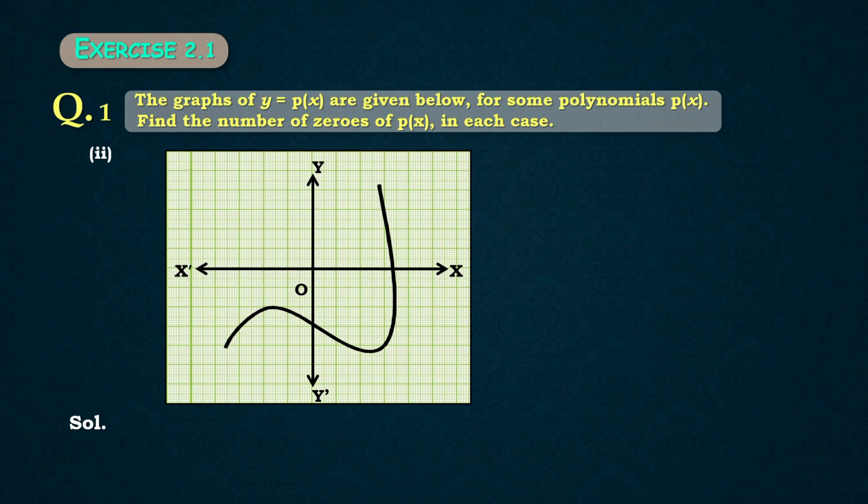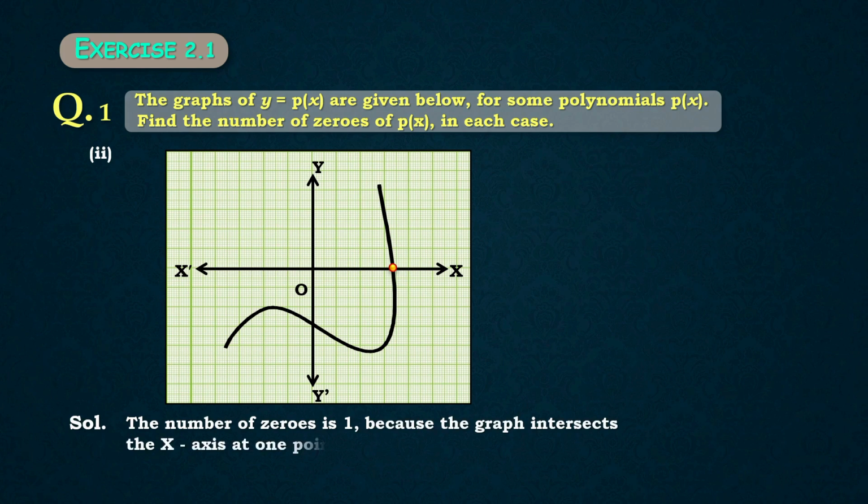The curve crosses the x-axis at exactly one point. This means the value of y becomes 0 at one value of x. Since the graph intersects the x-axis only once, the polynomial has one zero. So, the final answer is the number of zeros is 1 because the graph intersects the x-axis at one point.